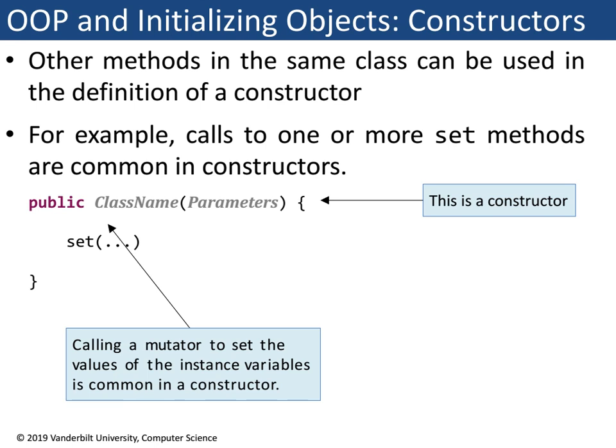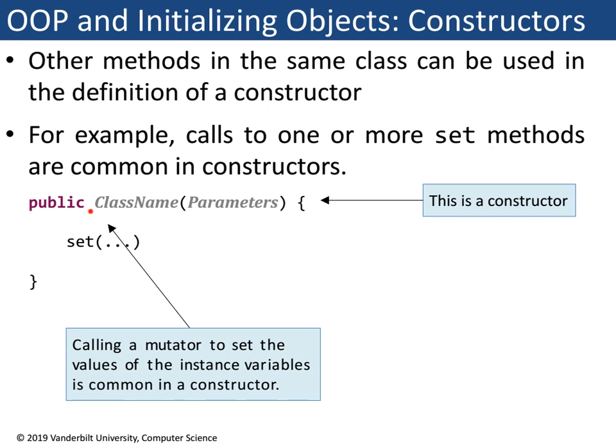So here would be a constructor, public, and then the class name, and then whatever parameter list, and then we can call the set, in this case for the student class setGPA, mutator to set the value of the instance variables to whatever we decide to set them to.